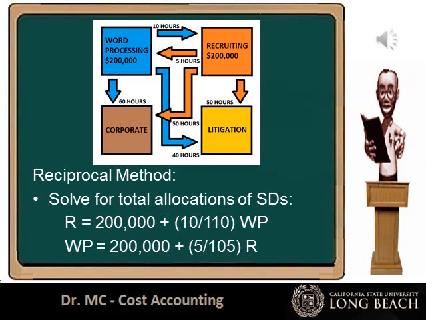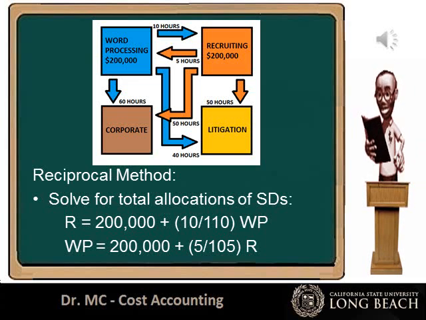The recruiting department will allocate its own $200,000 of costs plus the share of word processing costs that it will receive. That share is 10 divided by 110. Similarly, the word processing department will allocate its own $200,000 of costs plus the share of recruiting costs that it will receive. That share is 5 divided by 105.